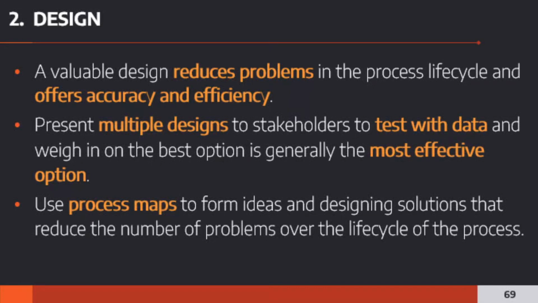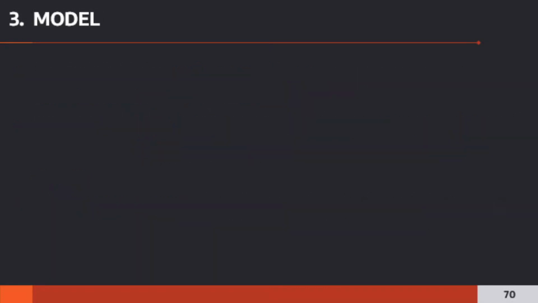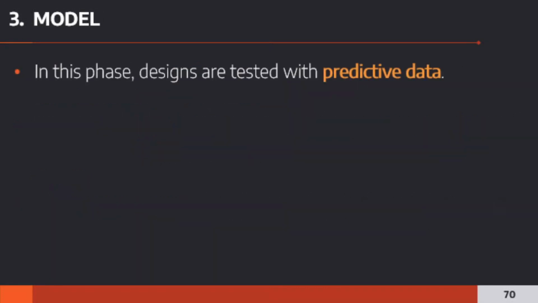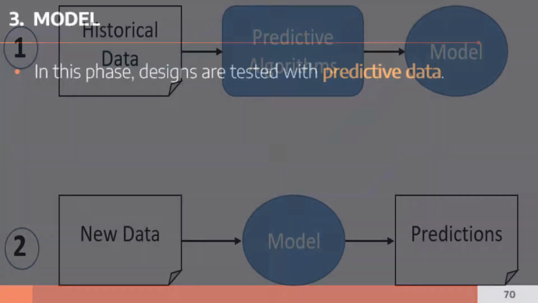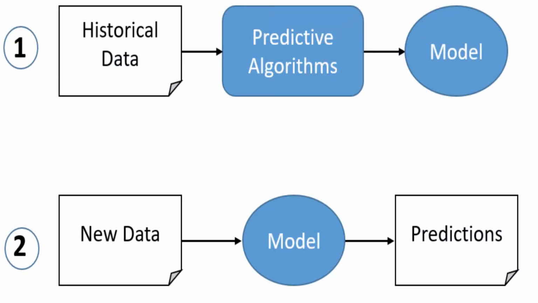The third is, of course, you model. In this phase, designs are tested with what we call predictive data. What is predictive data? Predictive data is basically the use of data, including statistical algorithms and machine learning techniques, to identify the likelihood of future outcomes based on that data.